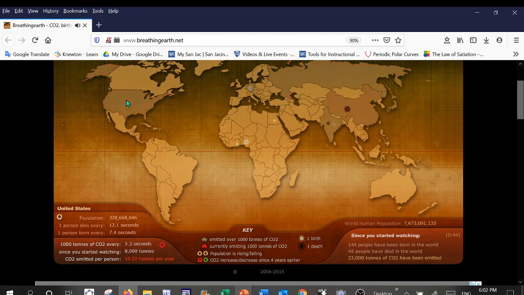So now it shows the rate of people dying and the rate of people being born right now, right? So right now, one person dies every 12.1 seconds. And then one person is born every 7.4 seconds in the United States.